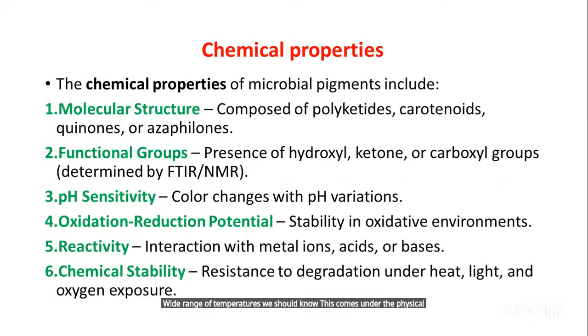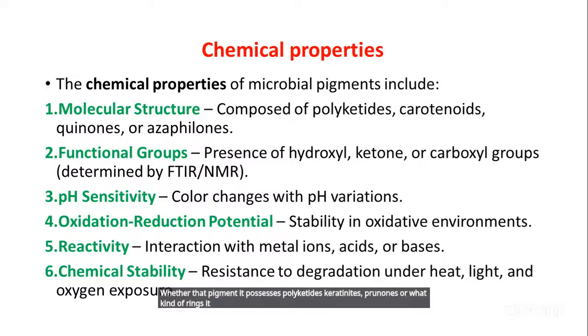Now, what comes under the chemical properties? So if you want to characterize a given pigment based on its chemical properties, you should know about the molecular structure: whether that pigment possesses polyketides, carotenoids, quinones, or what kind of rings it possesses. Okay, second thing, what kind of functional groups that pigment possesses.